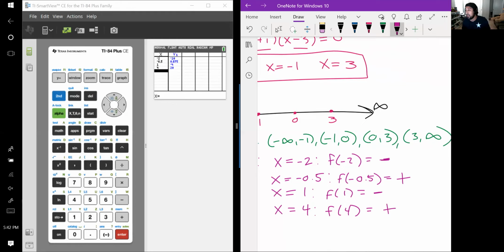Once again, I'm not writing the number because we're not graphing anything. We only care about the sign, because it tells us where we are above or below the x-axis. So let's check it out.